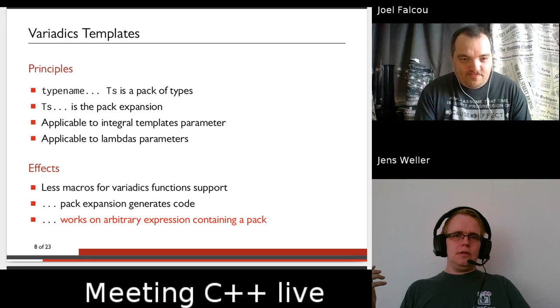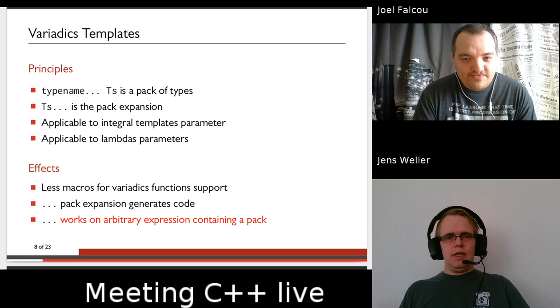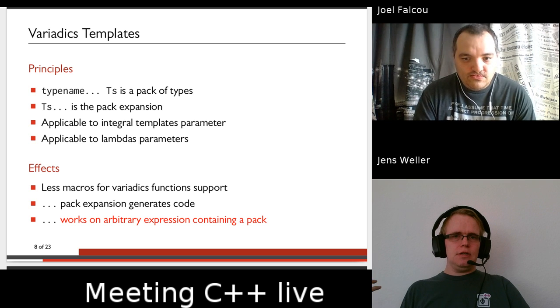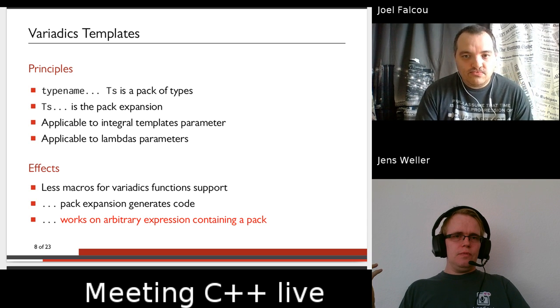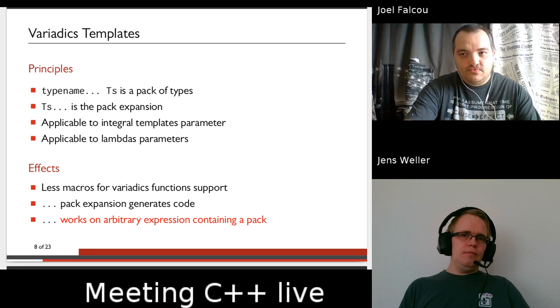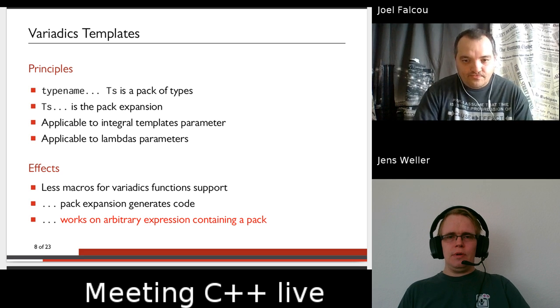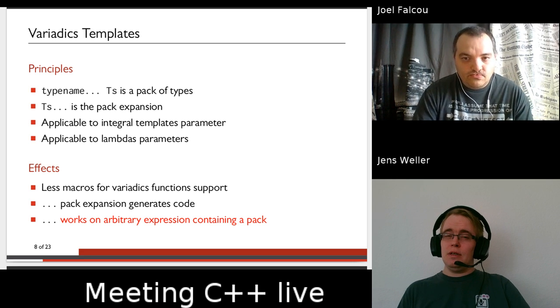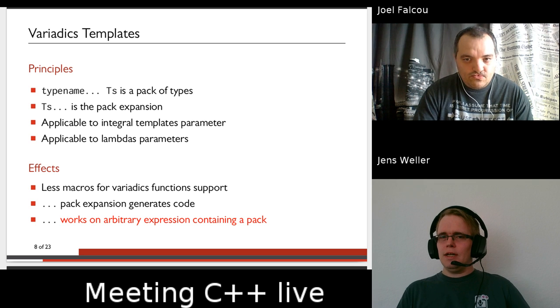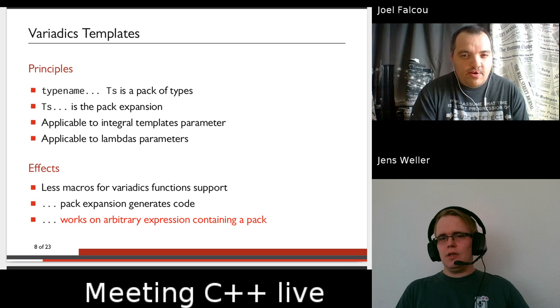If you then give it a name after that, in this case just T, and if you then say this name dot dot dot, that is the pack expansion, and you can apply that to parameters and also to lambda parameters. And with C++17, I think we also get variadic lambdas, which will probably add more things or make things easier.